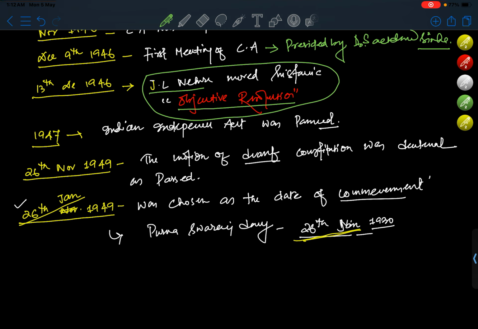Next, these two dates, if you have to remember any dates, you should remember these two. On 26th November 1949, the motion of the draft constitution was declared and passed. And on 26th January, our constitution was commenced.